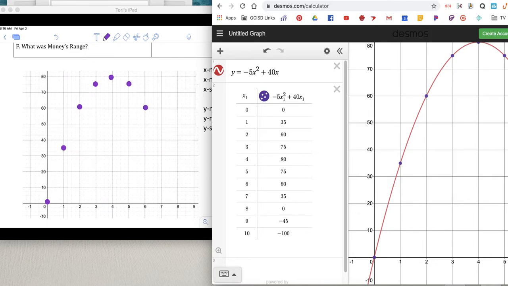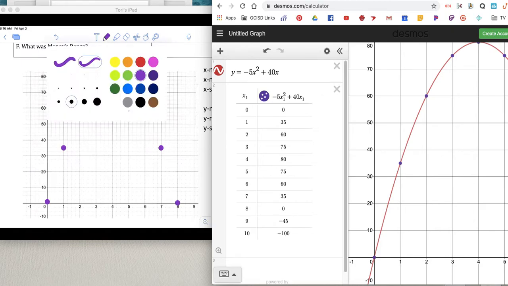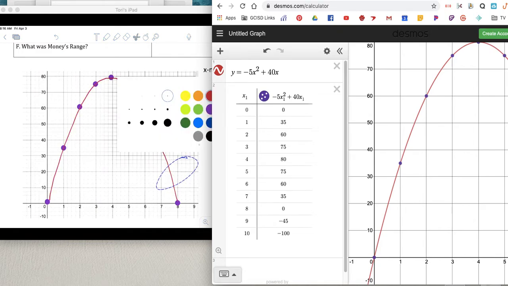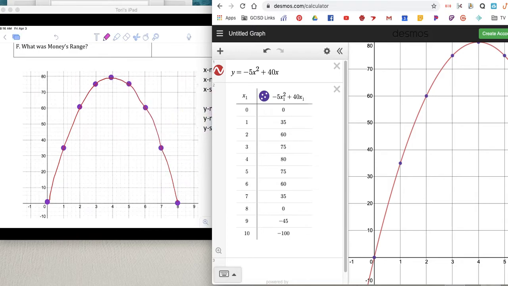So 75, 60, 35, and 0. I connect everything from the y-axis up and down to the x-axis. I never go to the negatives. Okay? All right, take a second, pause it if you need to, and then we can label.